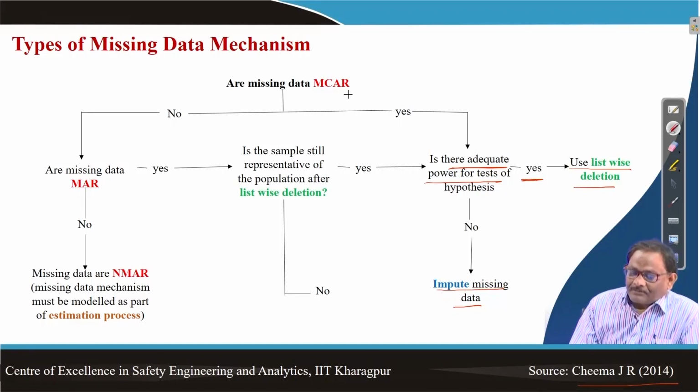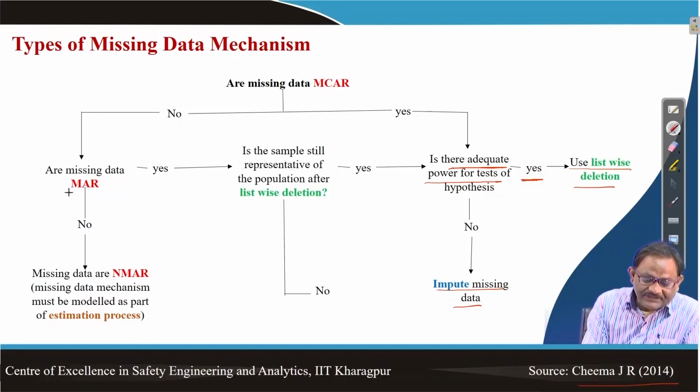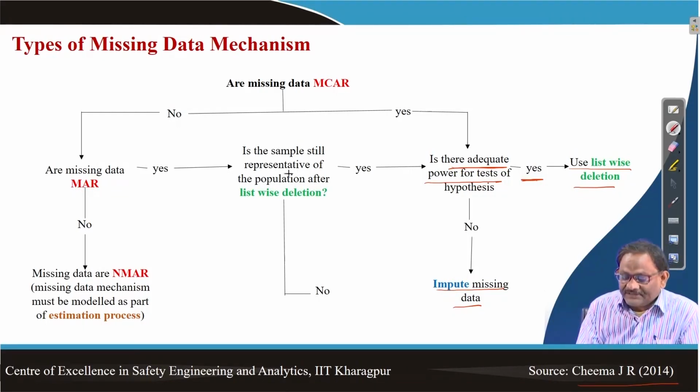If it is not missing completely at random, then there is the case of missing at random. If missing at random, is the sample size representative of the population after list-wise deletion? It means if your sample doesn't have any problem, go for list-wise deletion.